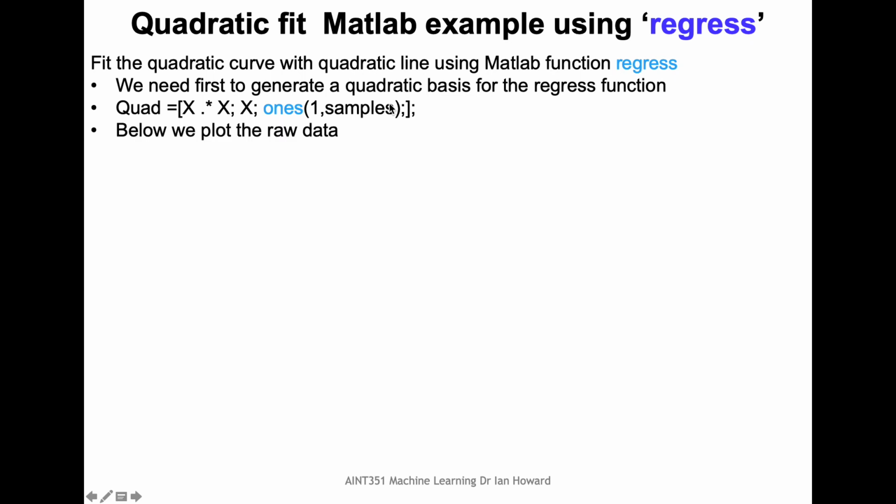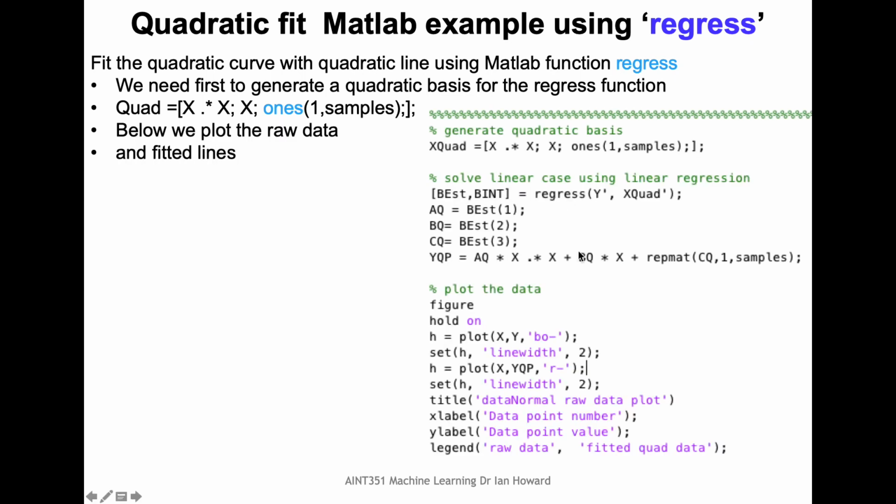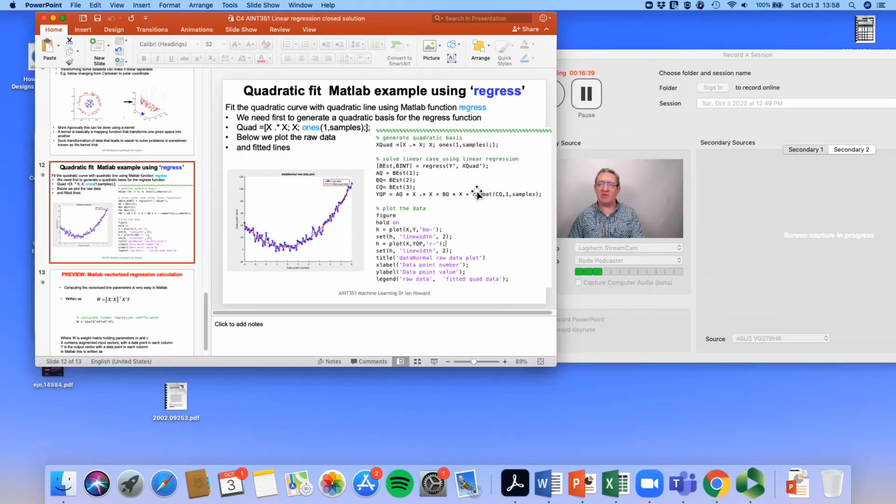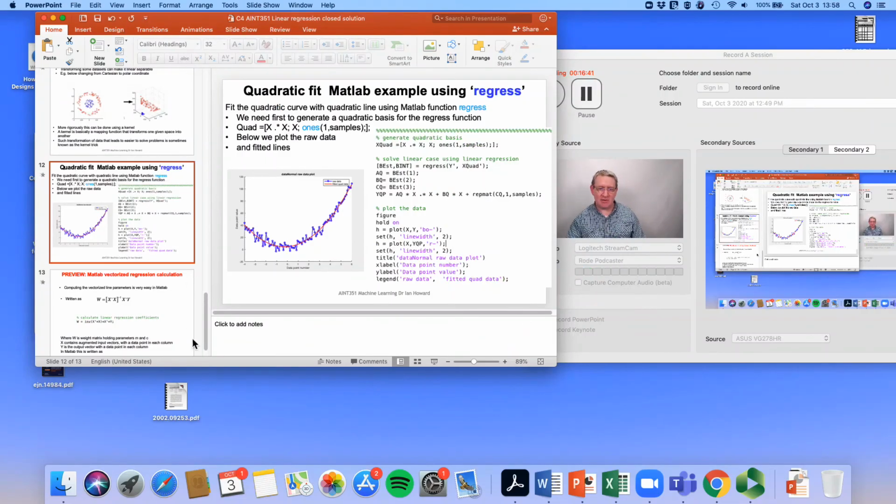And if we use this quadratic basis, we end up with three values coming out: the fitted values for the squared term, the fitted values for the linear term, the fitted values for the constant term. What it'll let us do is then actually fit, in this case, a quadratic curve to the data. So we're actually doing a linear fit with linear regression, but we're using this basis which transforms the data. So that's a nice little thing to bear in mind when you're doing this kind of work.